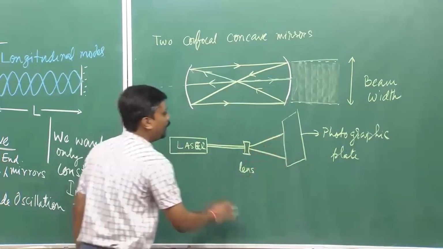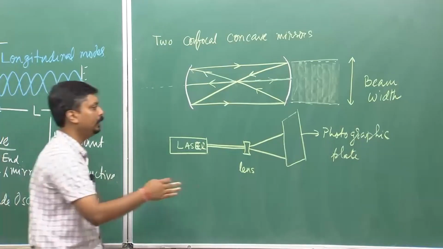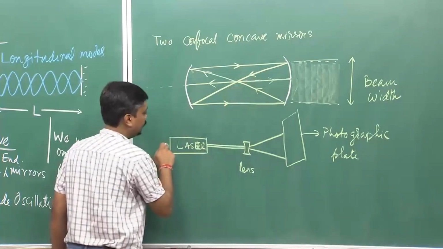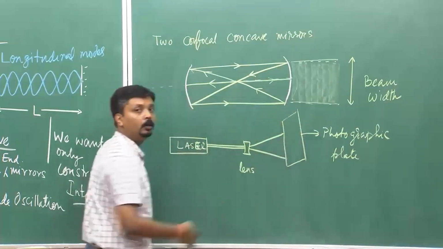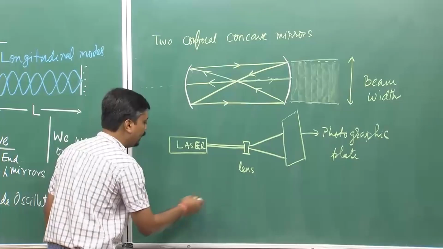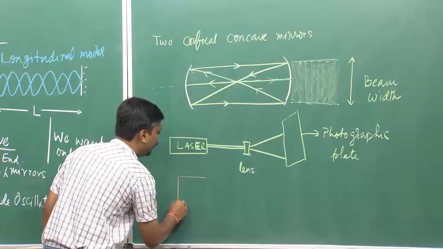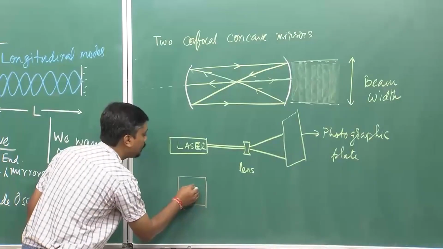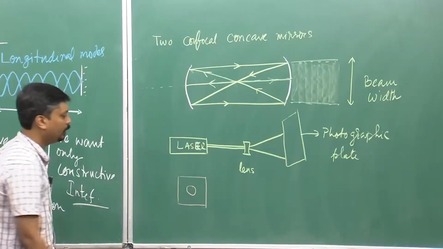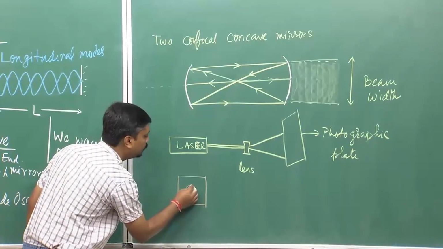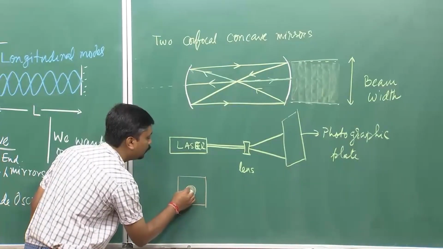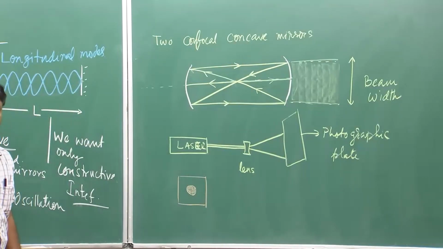In this photographic plate, I will see the distribution of the photon in the plane which is perpendicular to this axis. So, this axis is the axis of this laser beam, and I am just looking at a plane perpendicular to this axis, correct. So, what I can see in this photographic plate, I can see a homogeneous distribution of the beam across a central point. Okay. So, this beam is very nicely a circular spot. Okay.